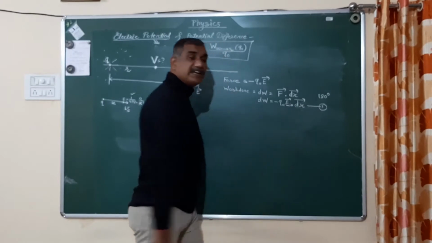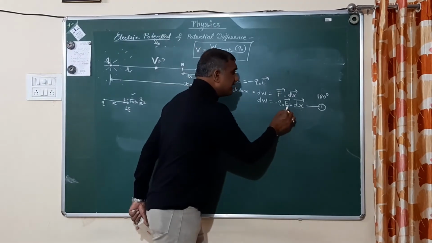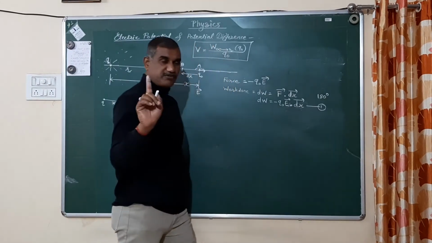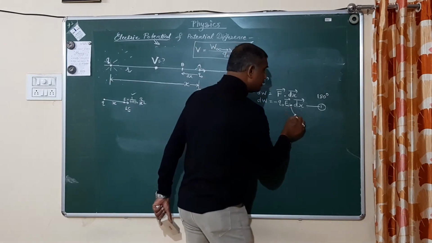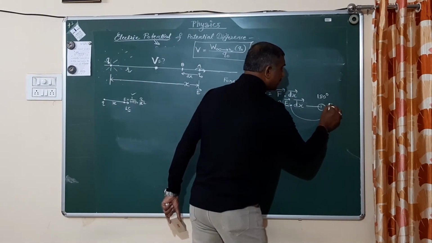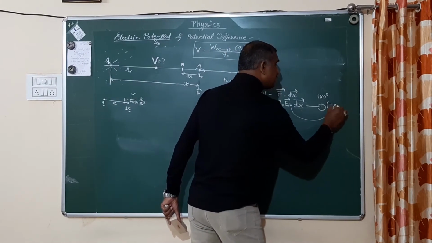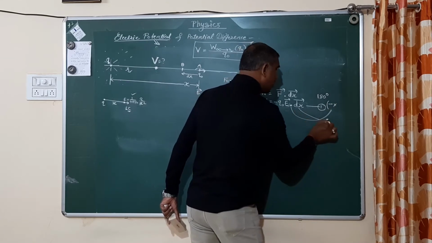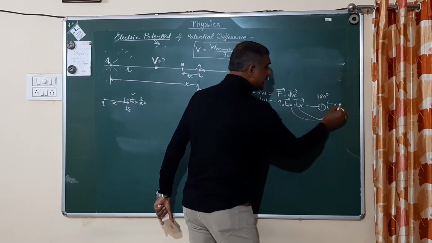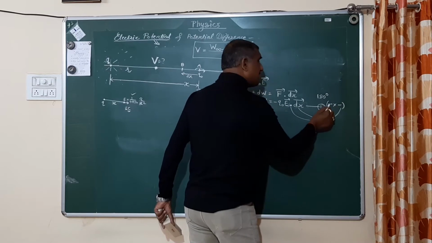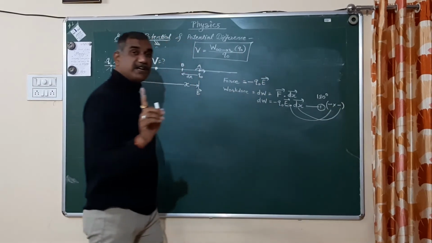Cos of 180 degree is equal to minus 1, and then it becomes minus of E dot dx. One minus will come due to this dot sign. I am drawing here one minus, multiplied by a second minus which occurs due to this dx. And then after this minus into minus, it becomes plus.